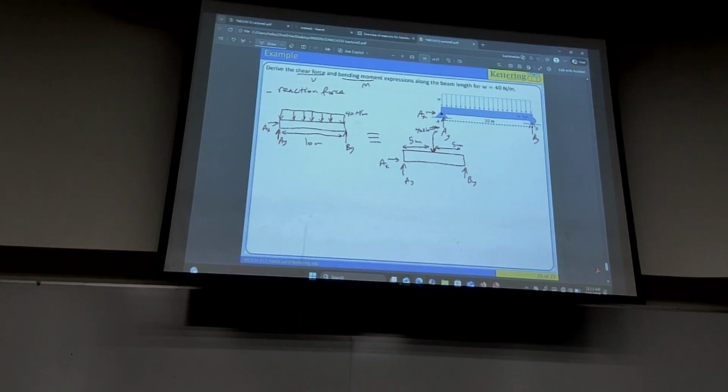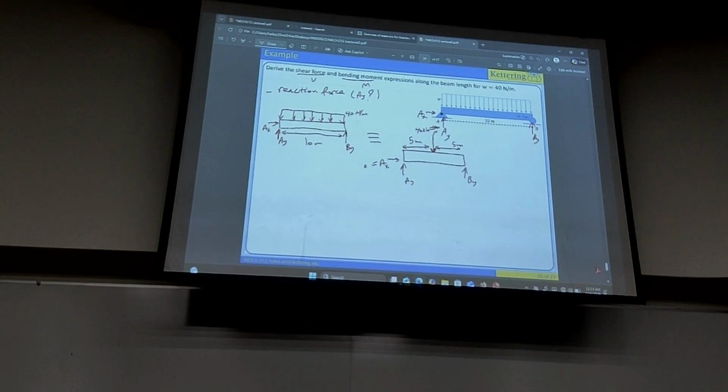Applied at the center. Now this is a new problem. We know that the x is 0. We want to solve for AY. What is AY? Just one of them. This is a straightforward problem. It's symmetric. We know that each one should get half of the 400 Newton, so each one should be 200.